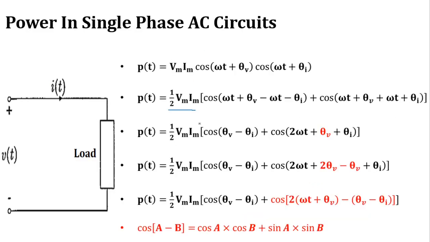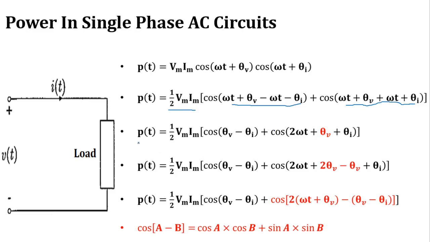Here cos(A minus B), that means subtraction of both angles. So cos(omega t plus theta v minus omega t minus theta I). This plus becomes minus because we will subtract both angles. And second, cos(A plus B), so omega t plus theta v plus omega t plus theta I.